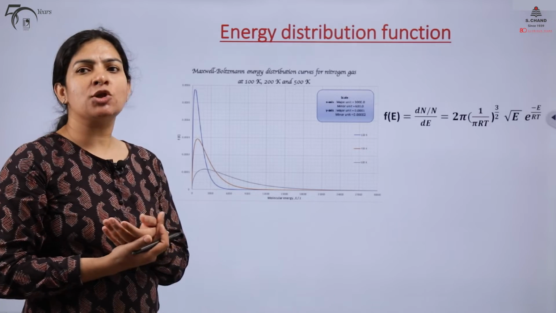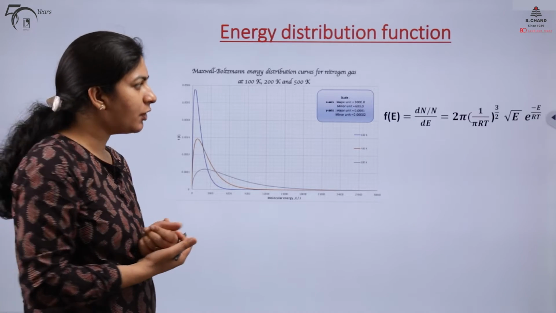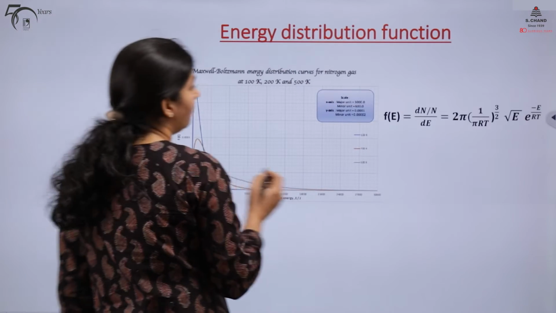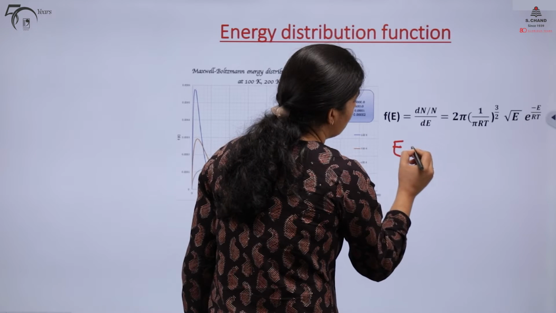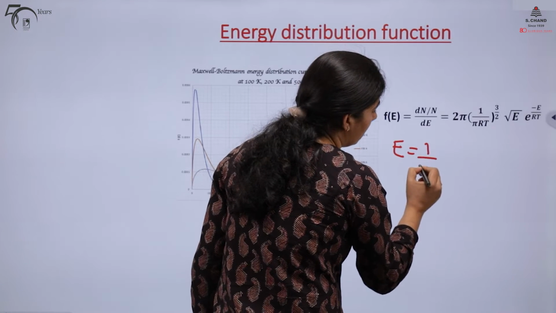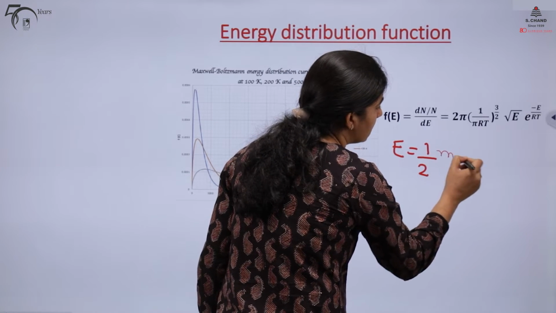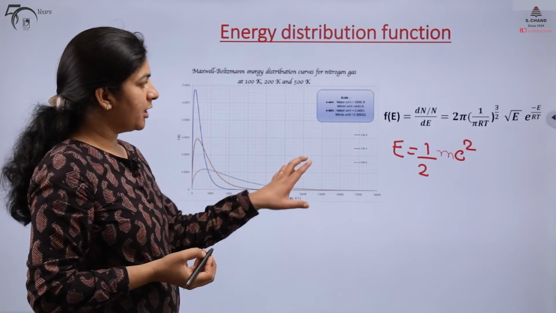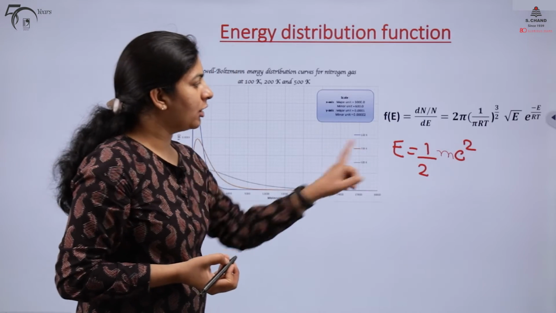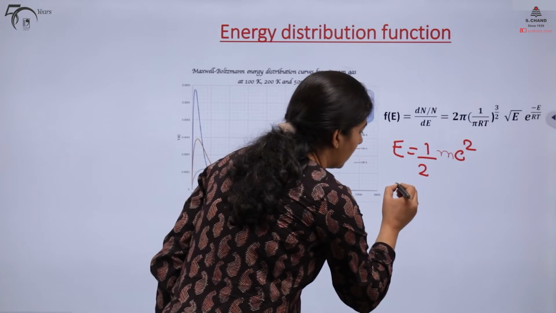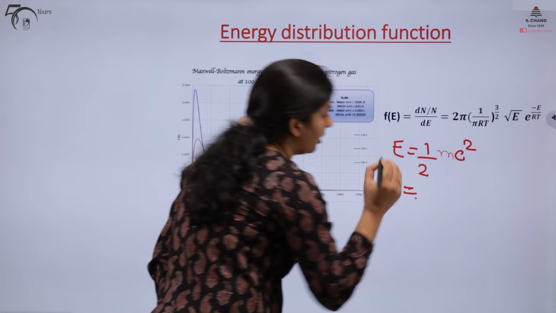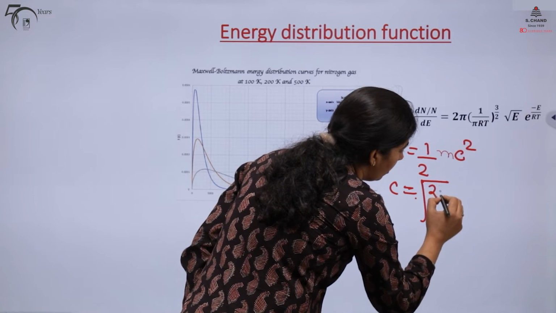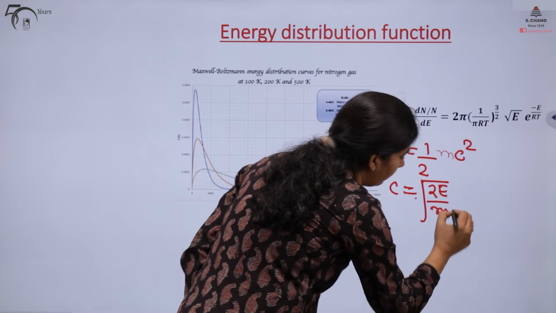Since we know the relationship between kinetic energy and velocity, E, which is kinetic energy, is given by half mc square. This relates the molecular velocity with kinetic energy, and therefore we can also write c equals under root 2E by m.